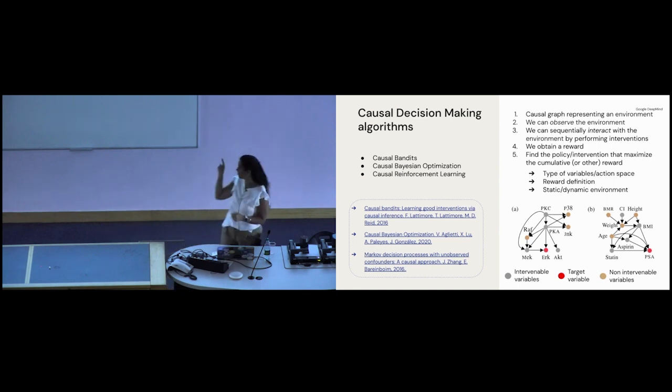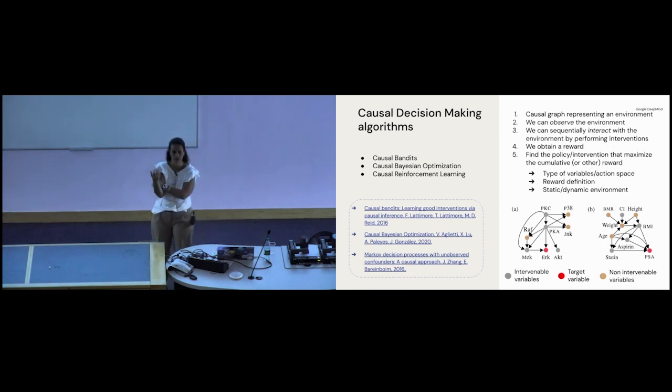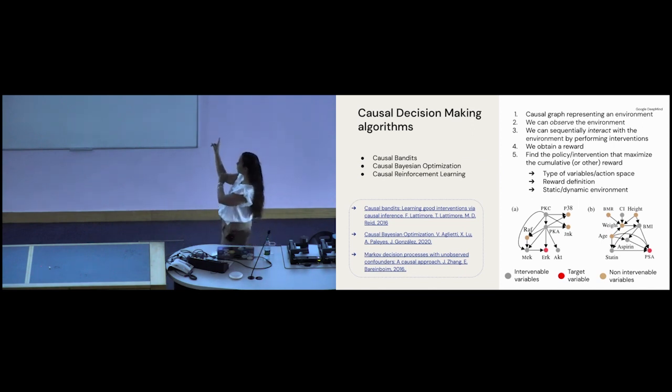It represents the relationship between different phosphorylated proteins and phospholipids in immune system cells, among which you find ERK, which is generally studied for cancer therapy. Then you have the second graph that represents the relationship between different risk factors, but also different drugs, and PSA, which is prostate-specific antigen.